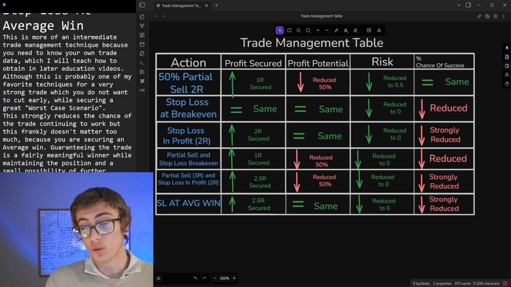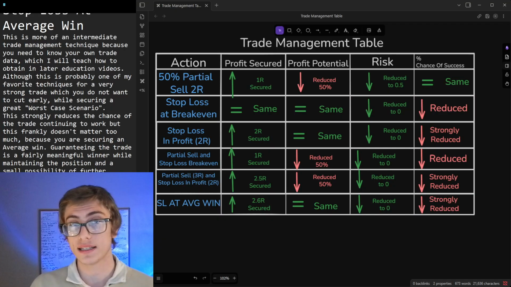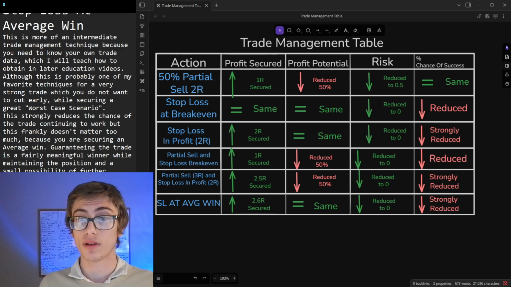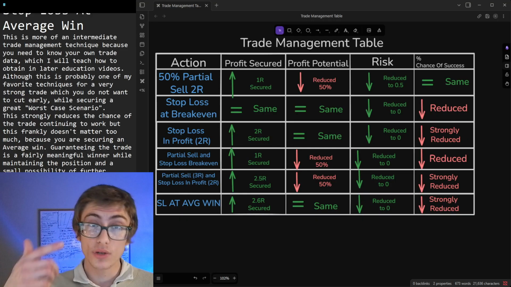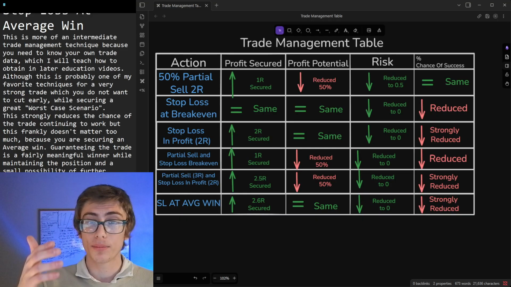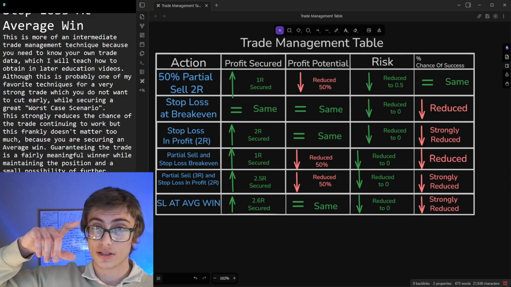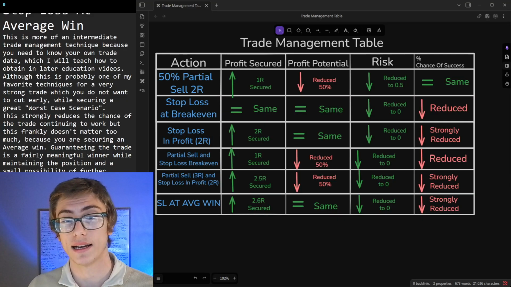So the worst case scenario is you get an average win, right? The worst case scenario is you have the win that you likely desired, from your edge, while you still maintain the possibility of the stock advancing and you're still in the position, right?